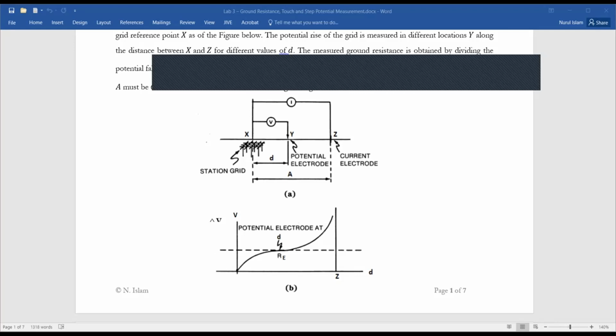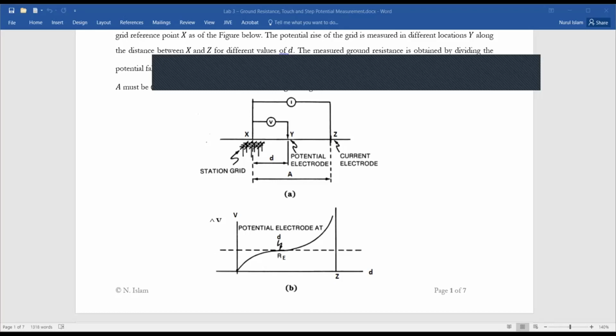We'll collect all those resistance data and move further with our auxiliary Y leads, and at that point our Y lead will come under the influence of the voltage gradient due to the current through this auxiliary conductor, or auxiliary lead Z. So at that point we'll have a different voltage.